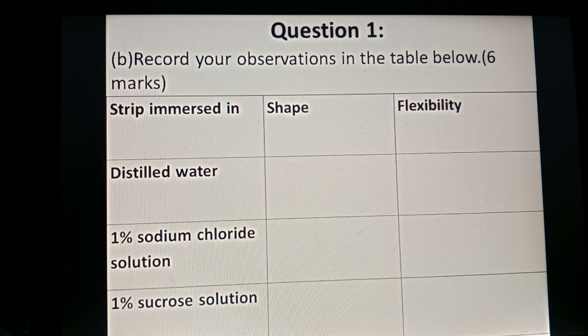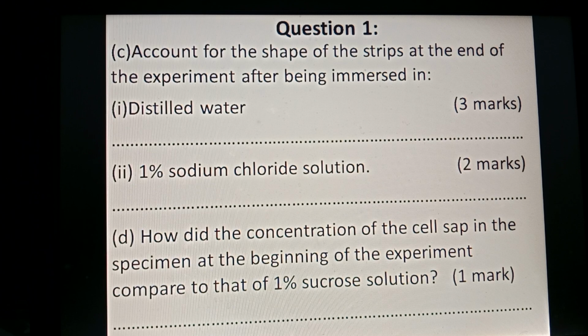Record your observations in the table below. You get 6 marks. Strip immersed in: shape, flexibility; distilled water, 1% sodium chloride solution, and 1% sucrose solution. Part C was you account for the shape of the strips at the end of the experiment after being immersed in distilled water.